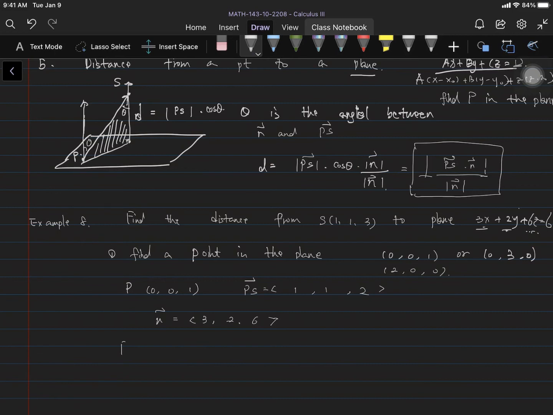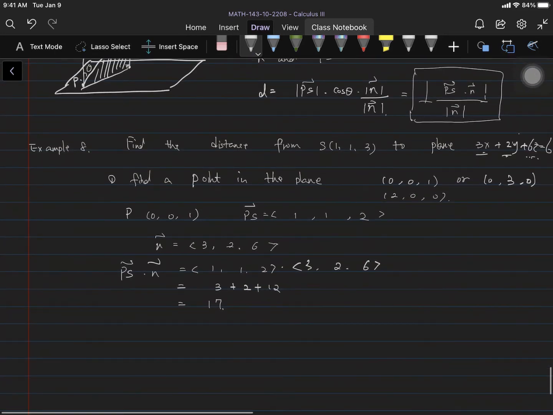PS dot n is 1, 1, 2 dot 3, 2, 6, which is 3 plus 2 plus 12, so it should be 17. And for the distance, what do we need?